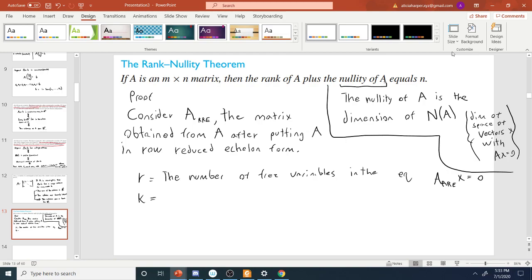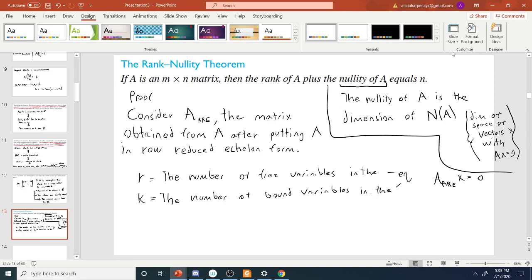And then we also have the number of bound variables. And it's the same equation.